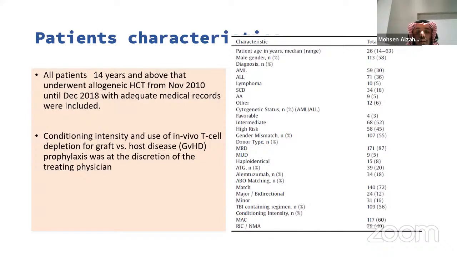The diagnoses, malignant and benign conditions, are included, and we have different categories of risk factors. Regarding the donors, we have included matched related, matched unrelated, and haploidentical. In some patients, they received in vivo T-cell depletion. The majority of patients received myeloablative conditioning.